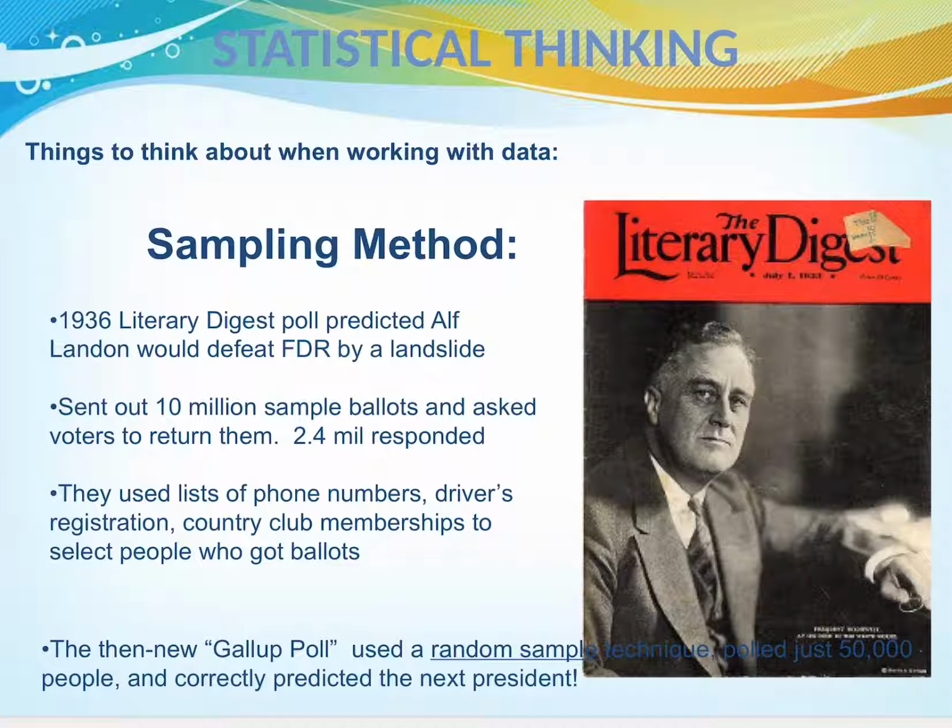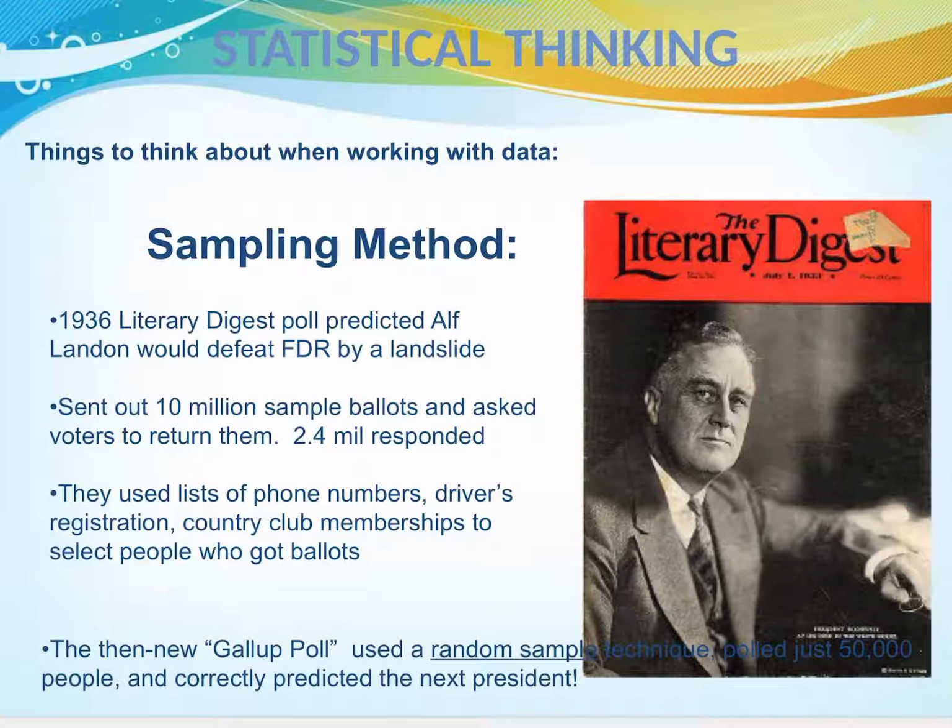So how did they get this so wrong? They sent out 10 million sample ballots and asked voters to return them. 2.4 million responded. That actually is a problem, now that we know a little bit more about sampling methods. That's a problem. We're going to get into that in just a few moments.